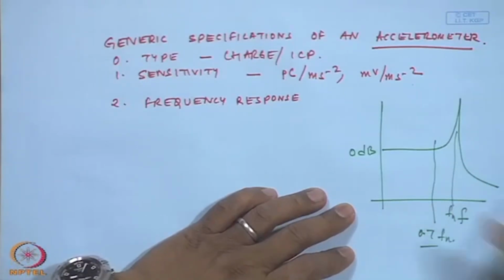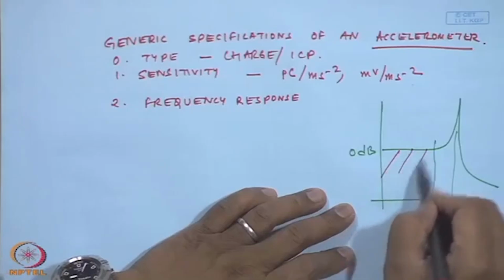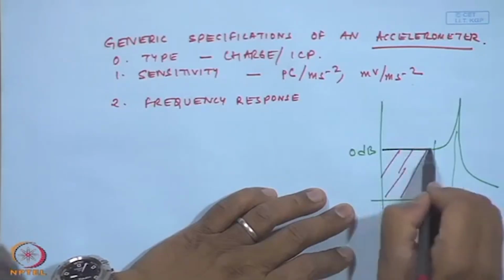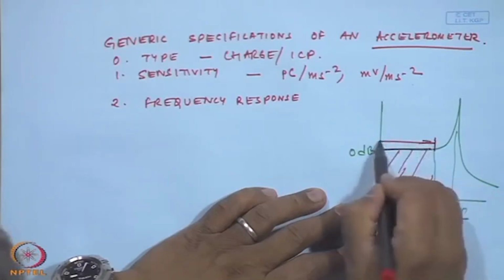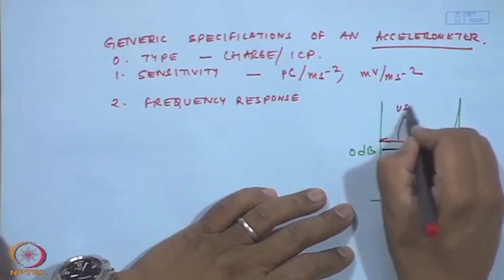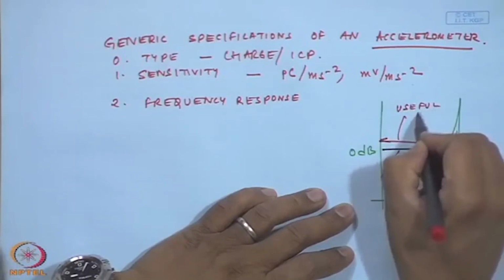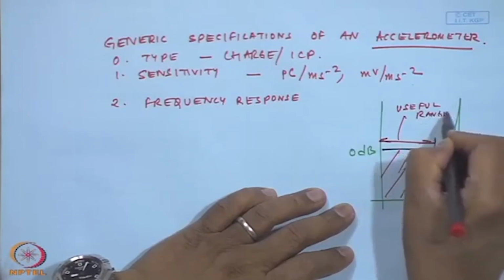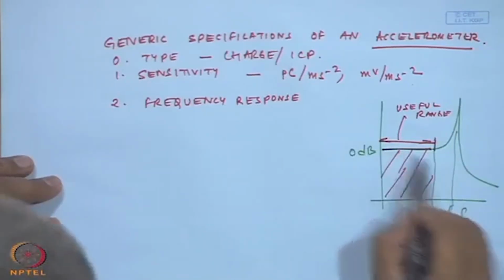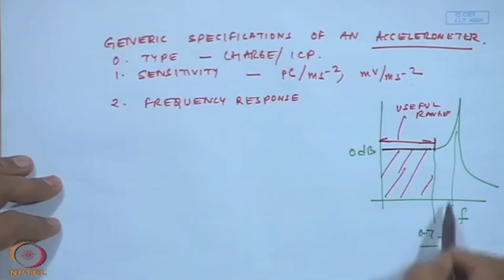So, this is the useful range wherein you will measure. This accelerometer is good only up to 0.7 of Fn. Okay.